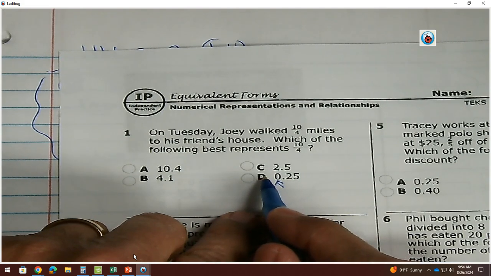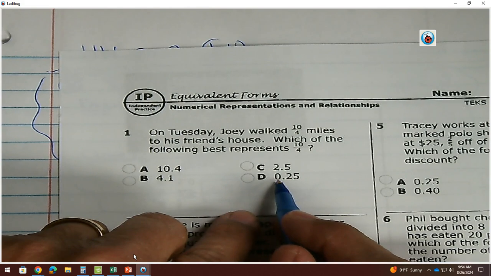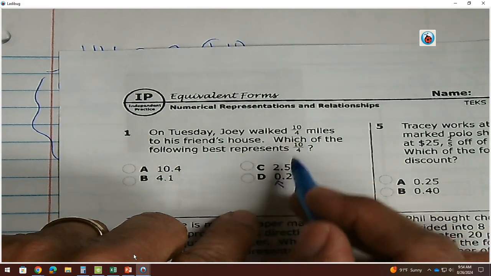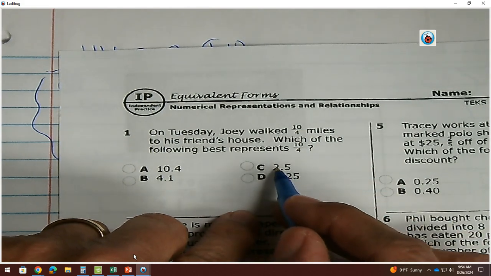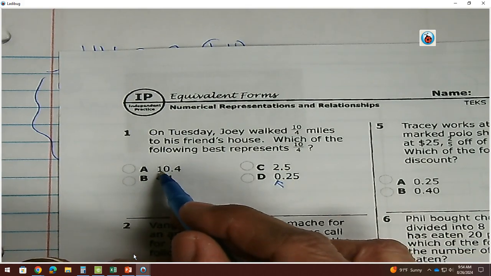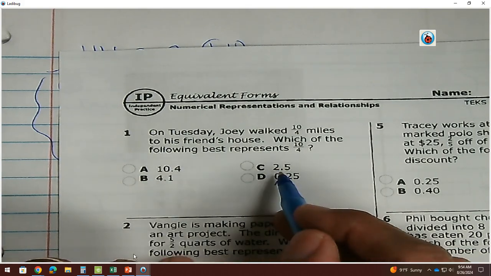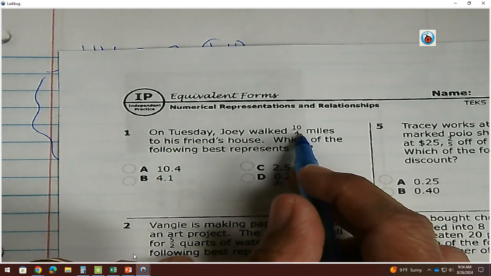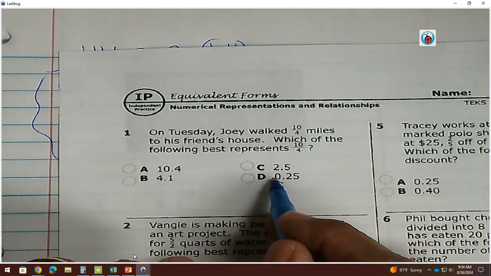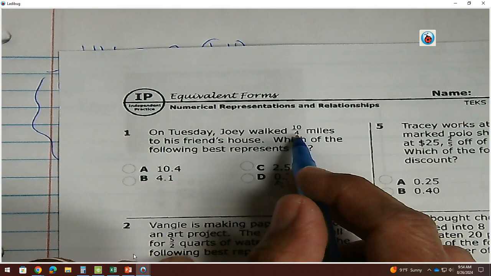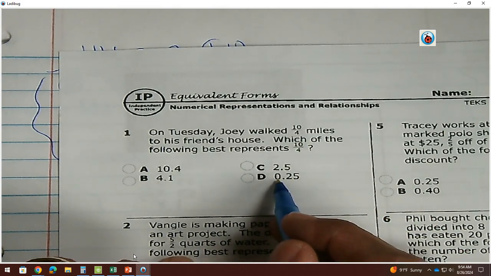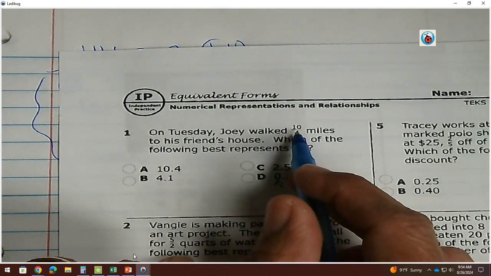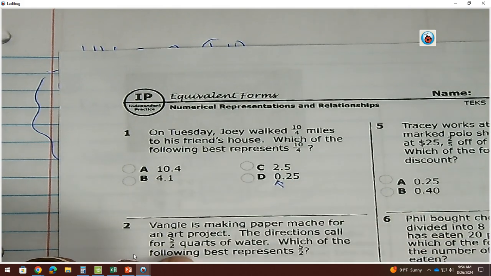I cannot choose letter D because it has no wholes, and if it's improper, you have to have wholes. This one has two wholes, this one has 10 wholes, this one has four ones. It has to be A, C, or B. Just by knowing it's improper, D is wrong already.